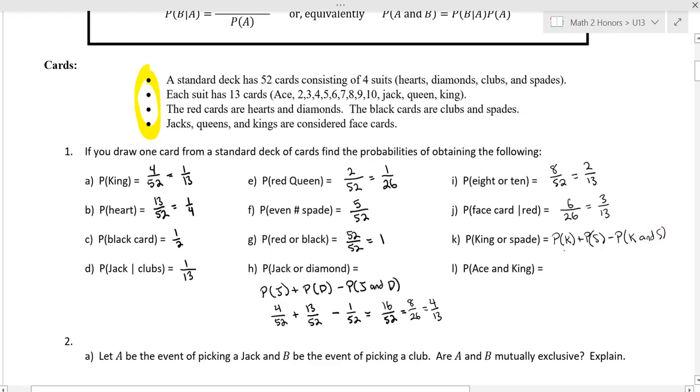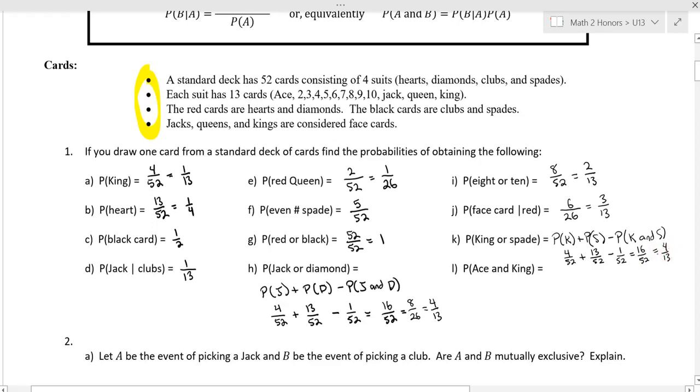So there are 4 kings out of 52 cards, plus there are 13 spades out of 52 cards minus how many king of spades are there? Only 1 out of 52. So this is actually the same exact work that we would do on H, and we end up with 16 out of 52, which reduces to 4 out of 13.